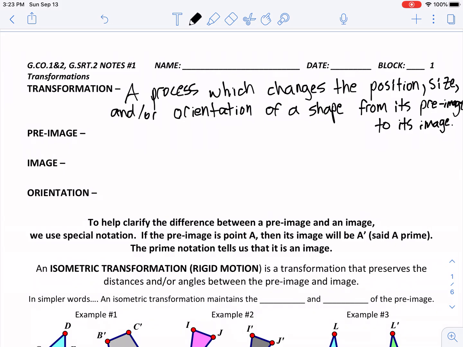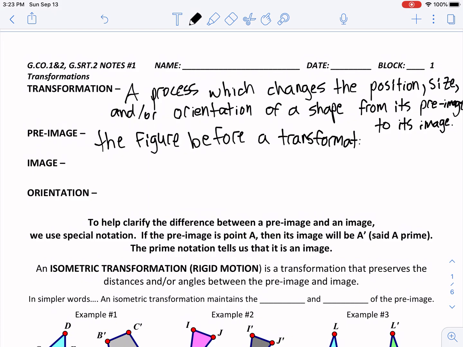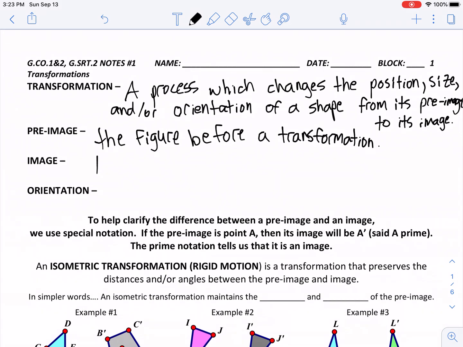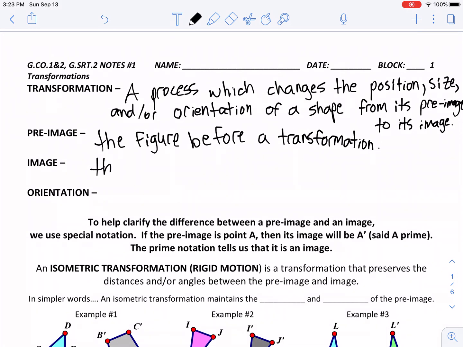And now to kind of define what that means, when we say pre-image, we're talking about the figure before a transformation, and then an image would be the figure after a transformation.